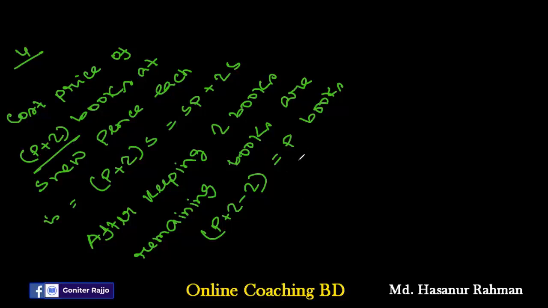Now, we have to sell these P books at S plus 1 new pence. So, after selling, then what will we get?